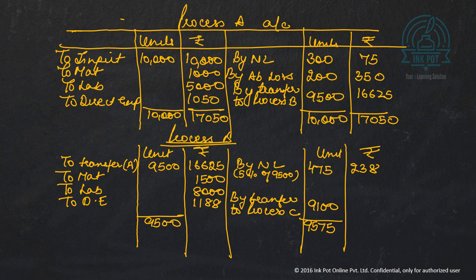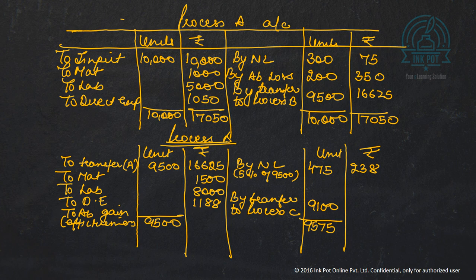So that means we do not have any abnormal loss here, rather we have an abnormal gain, or abnormal effectiveness. What is this abnormal gain or effectiveness? Abnormal effectiveness means when we can produce more units than expected to be produced.